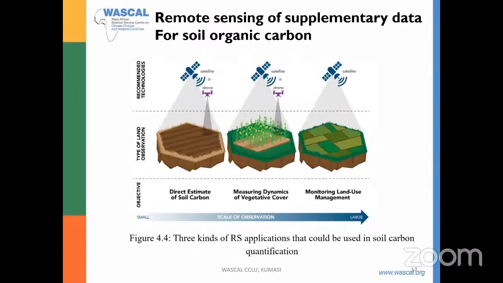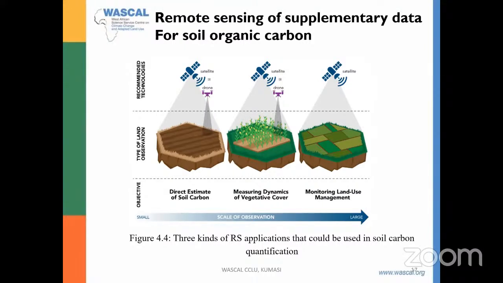So these are some recommended remote sensing techniques, and also the type of observation that is being done, the objectives, and the scale at which we can collect these data sets. Mostly, when we are dealing with small areas, farmlands, we can use UAVs or drones and satellites to sense some parameters of the soil to help us in our estimation.